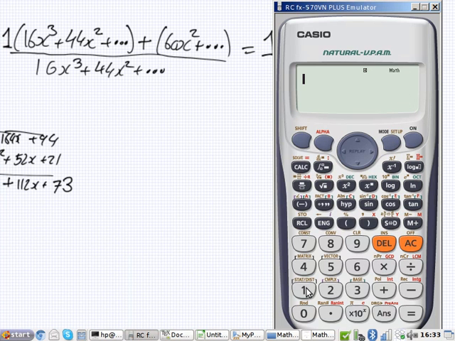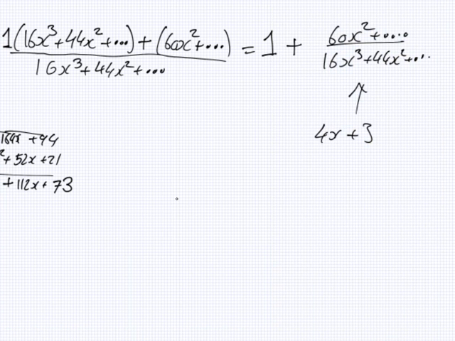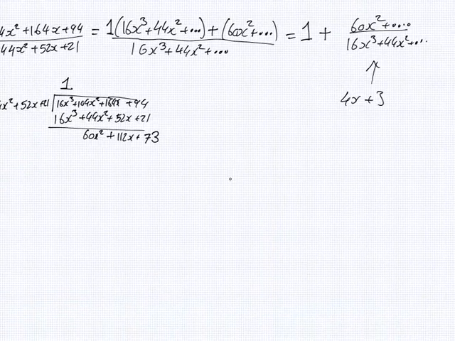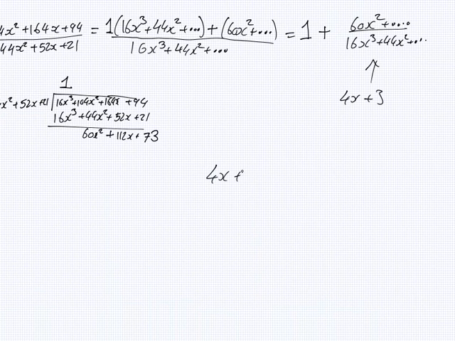So what does that mean? Long divide again. Divide longly againly. Right. So, 4x plus 3 divided into 16x cubed plus 44x squared plus 52x plus 21.